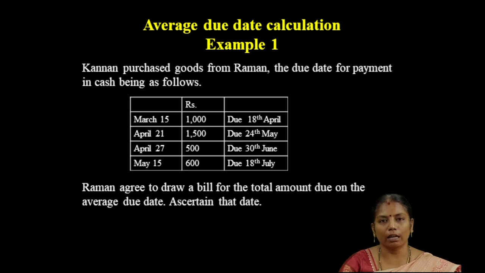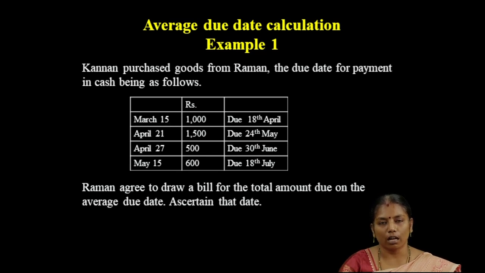Second, April 21st, he has to pay the amount 1500. The due date is 24th May. Next, April 27, the amount is 500. The due date is 30th June. Next, May 15th, the amount to be paid is 600. The due date is 18th July.